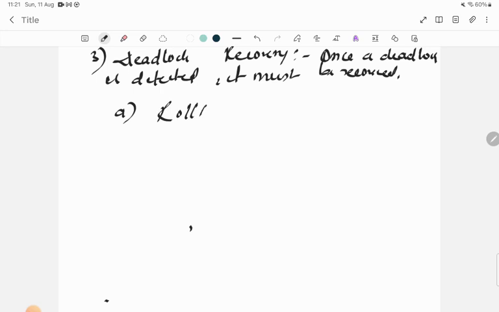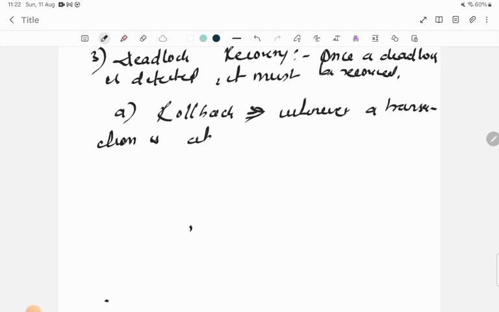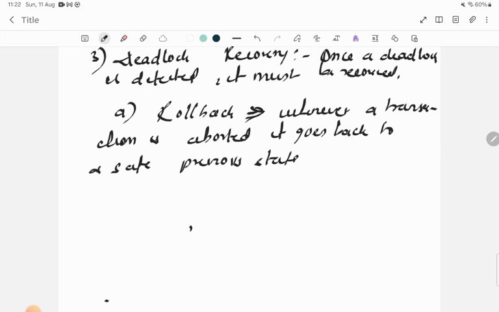First one is rollback. Rollback means that whenever a transaction is aborted, it goes back to a safe previous state. This is known as rollback.